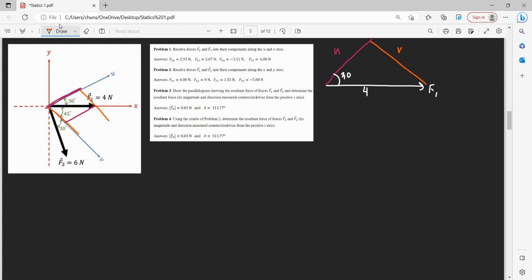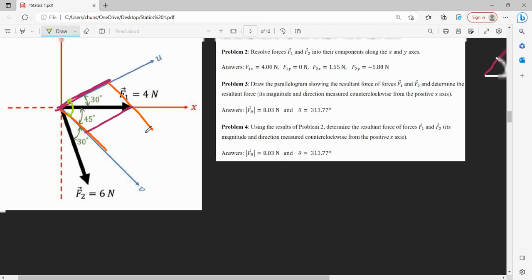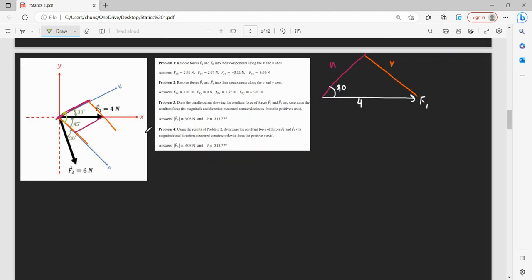So we can fill in our angle between, because we don't have quite enough to use sine or cosine law yet. Here's some information that we're given. Between our u and v axes, we have an angle of 30 plus 45, which is 75.